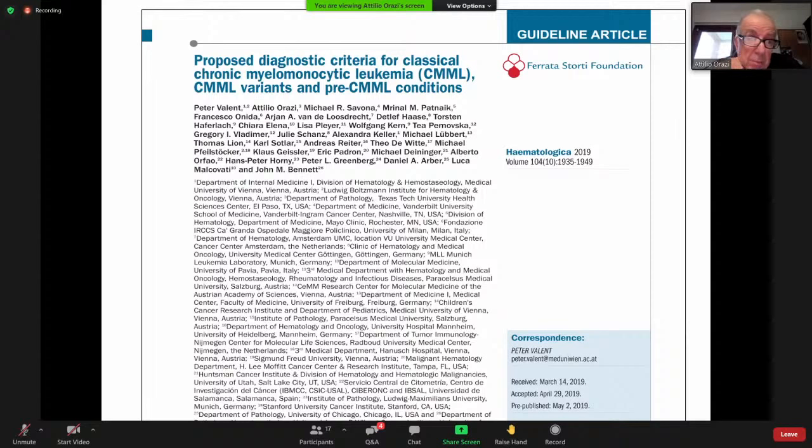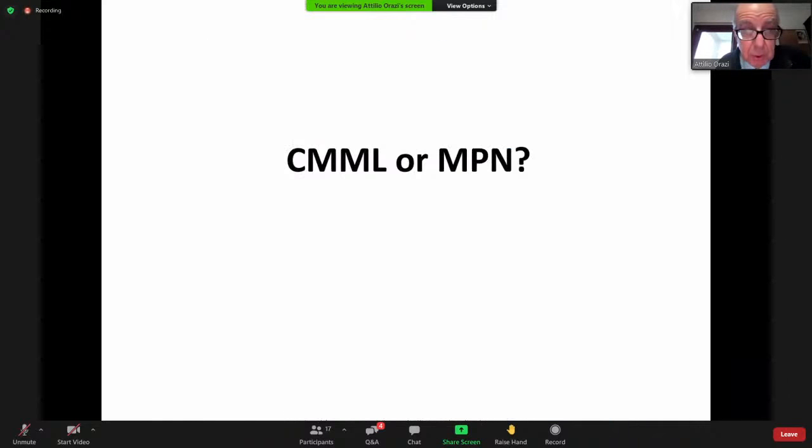The senior author was also Peter Valent, but the last author is John Bennett from the US. But you can pick up a lot of Europeans, Andreas Reiter, for example, from Mannheim, and so on. I don't have to read. Thorsten Haferlach was in. And there is a long list of institutions. This was a nice consensus paper on those variants, a pre-CMML condition you might find of interest in Haematologica.